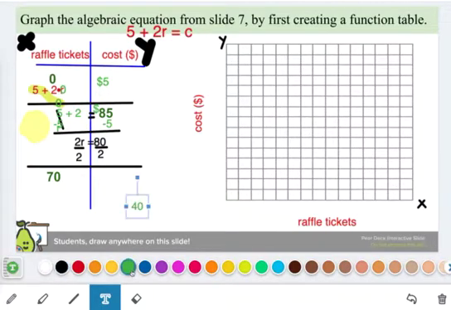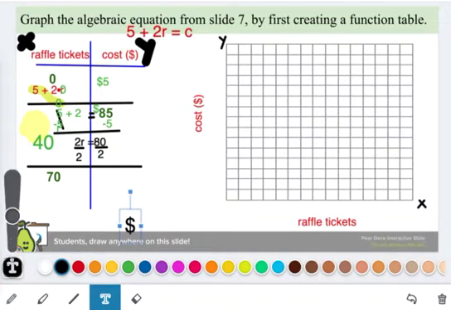I'm going to keep it green because that's originally green. Put 40 raffle tickets for the amount of $80 here. I'm going to make that $80 in black because it is black right there. It comes in handy later. And this is 70 raffle tickets.